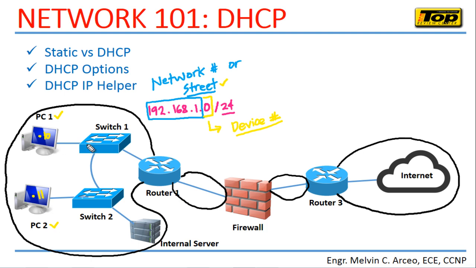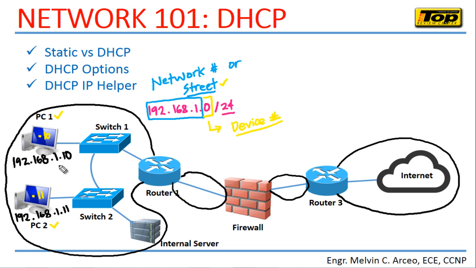Alright. Or yung buong IP address niyan will be 192.168.1.10. Ito naman ang IP address, 192.168.1.11. Okay? So, binigyan natin ng IP addresses yung ating mga host devices, yung mga PC natin.